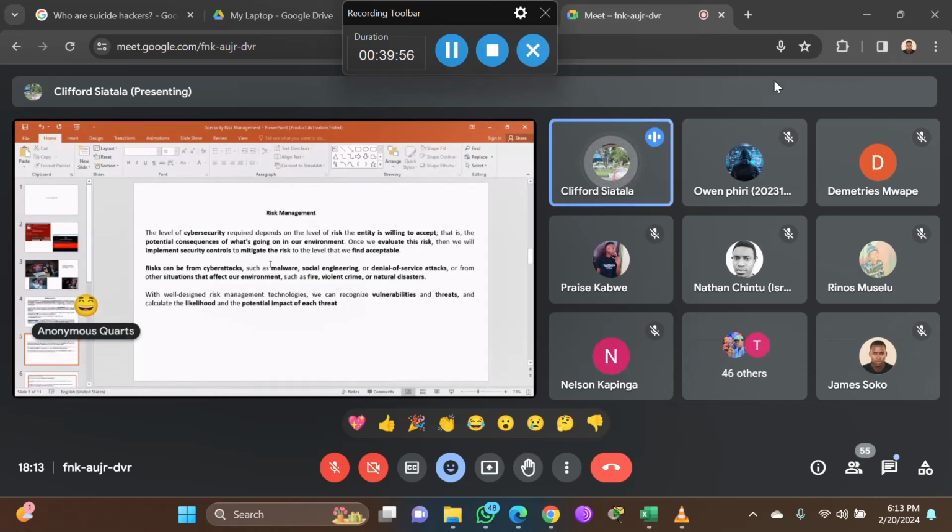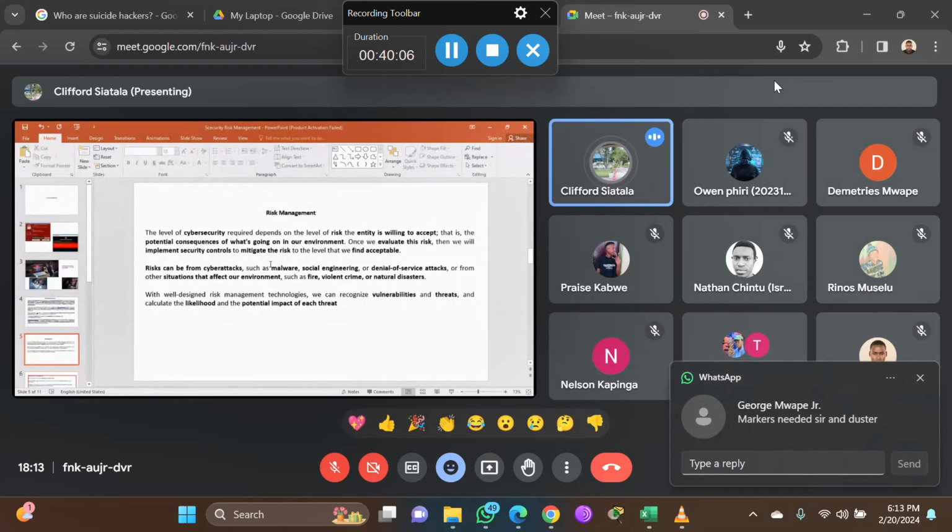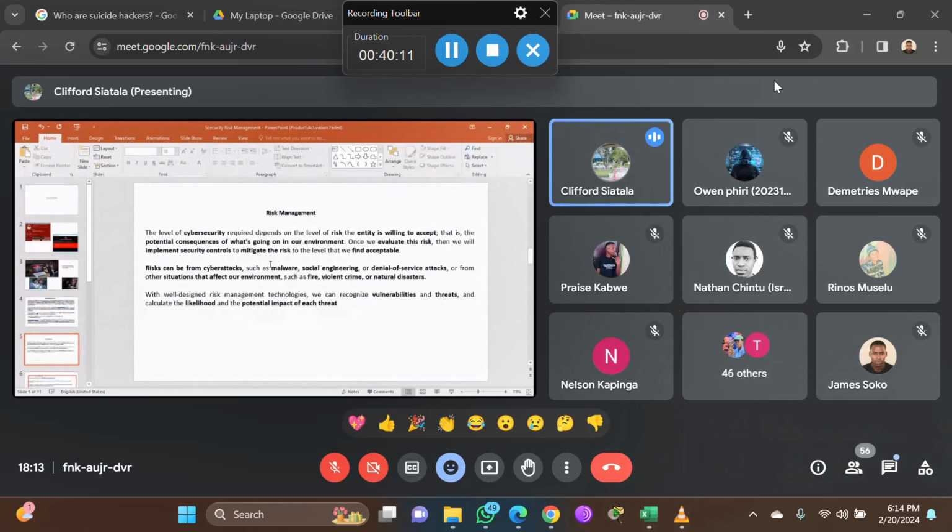So that is what normally determines the level of cybersecurity required. It depends on the level of risk the entity is willing to accept. So sometimes in organizations, or let me say management, when you present to them a lot of risks, they are willing to accept some and not willing to accept some.